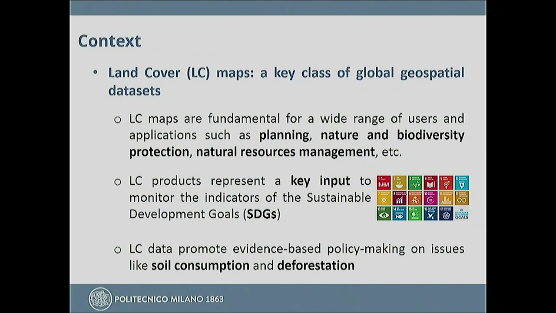We can apply land cover in many different fields like planning, studying nature and biodiversity, natural resources management, and generally the land cover is considered as a key input to monitor the indicators of the Sustainable Development Goals of the United Nations. Specifically, one of the main usages of land cover is to study the problem of soil consumption, so urbanization and deforestation.